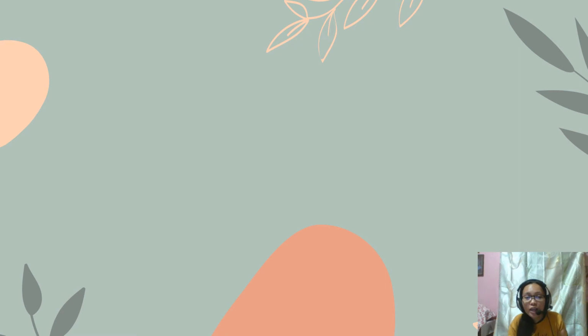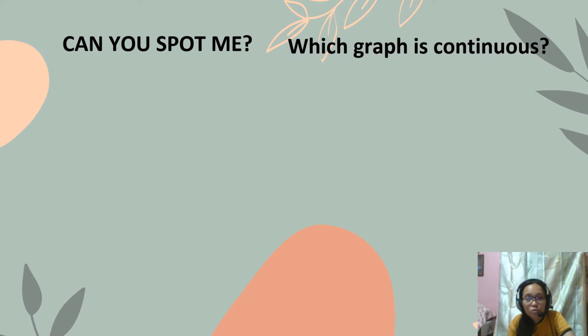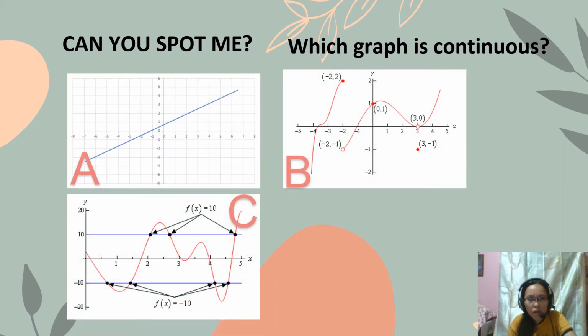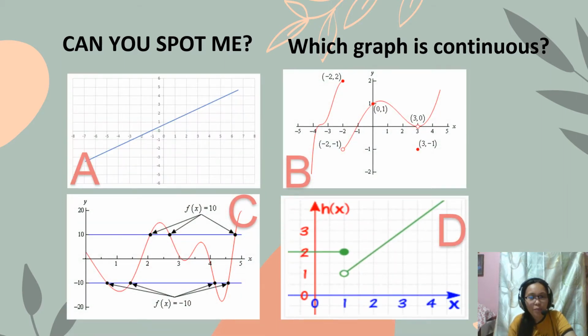You have already your answers with you. So again, you are tasked to determine which of the following graphs are continuous. Is it A, B, C, or D? If your answers are A and C, congratulations, you are correct.